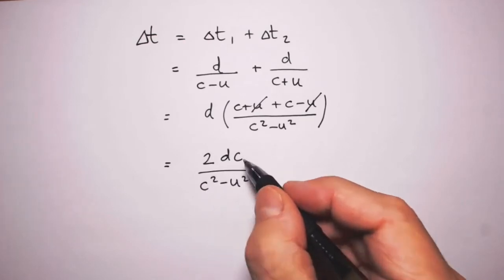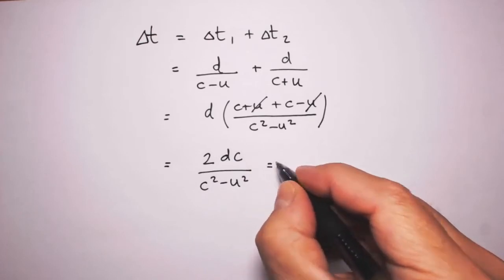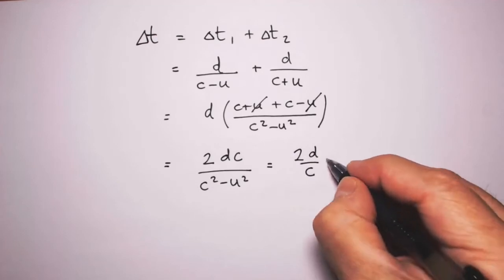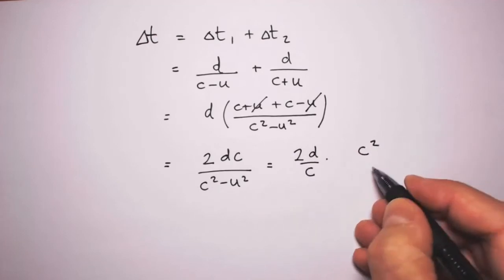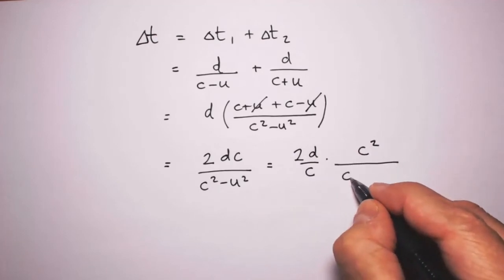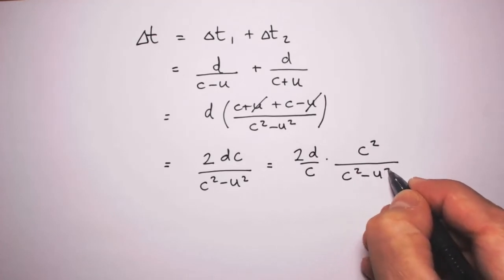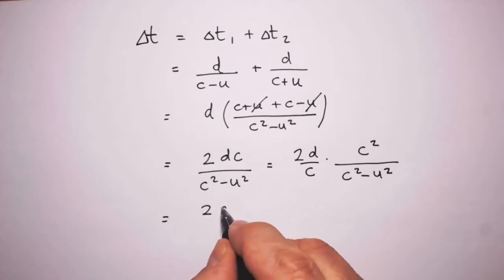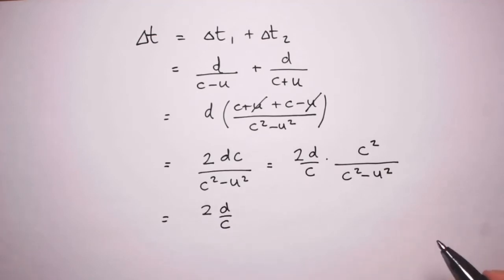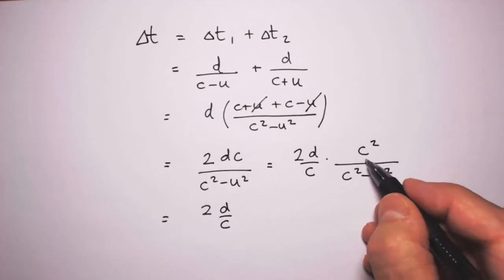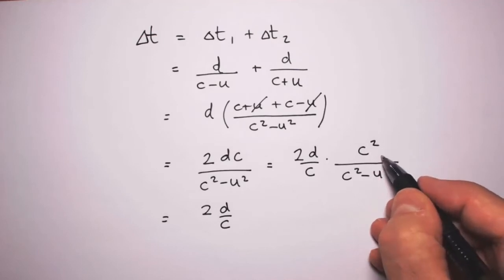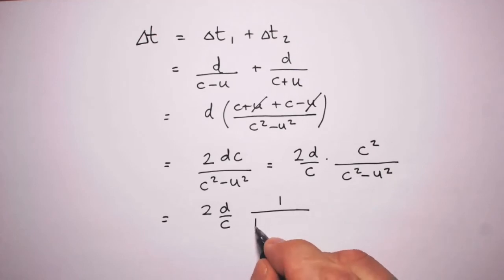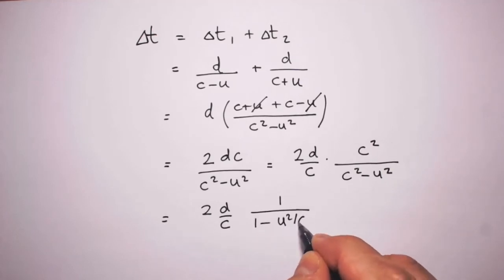Then we multiply top and bottom by c, and we get 2d, so we've divided by c over here, and we've multiplied by c on the right, divided by c squared minus u squared. And that can be written further as 2d upon c, and then we divide by c squared above and below, and we end up with 1 divided by 1 minus u squared over c squared.